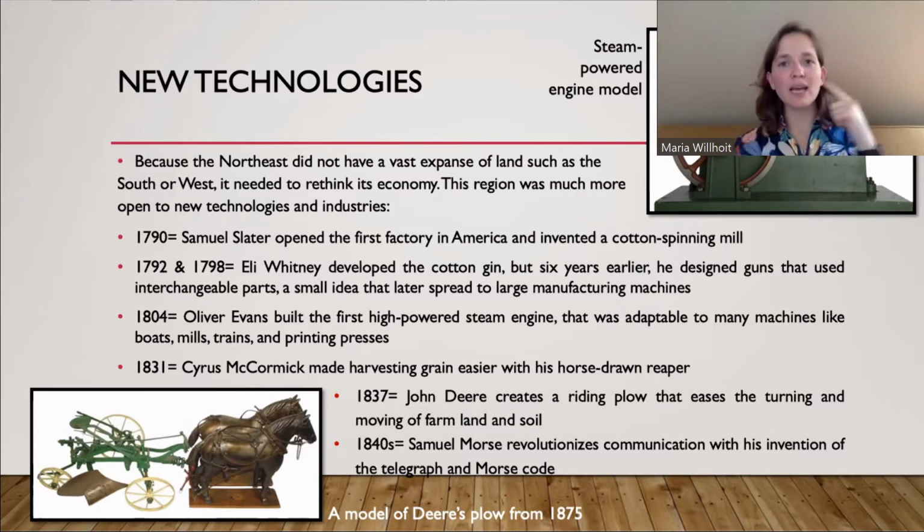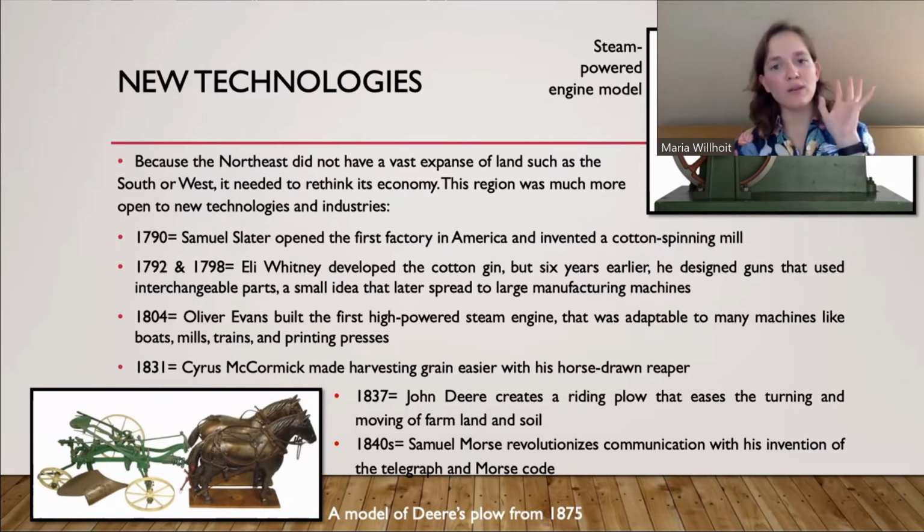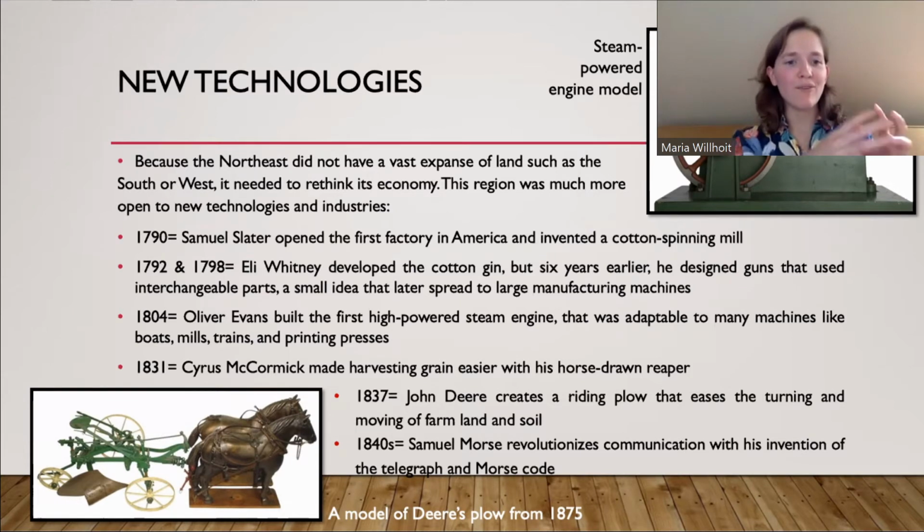Here, he's making a kind of factory system where you create 100 pieces of this part, 100 pieces of that part, you can assemble them and create a factory line to create guns. And even though his design was only for guns, it's a very big idea in terms of manufacturing: the idea that you use interchangeable parts like a factory assembly line to create a product.